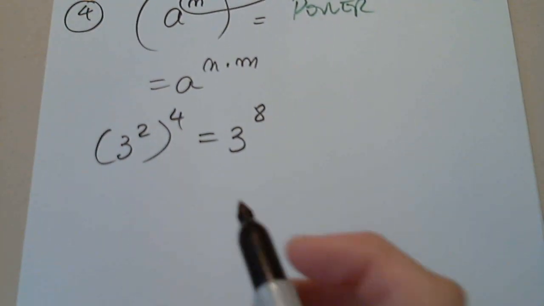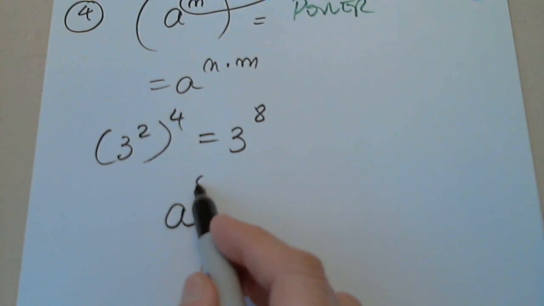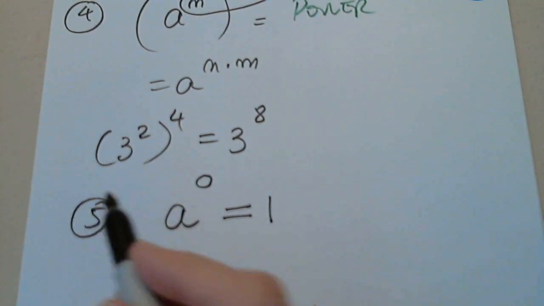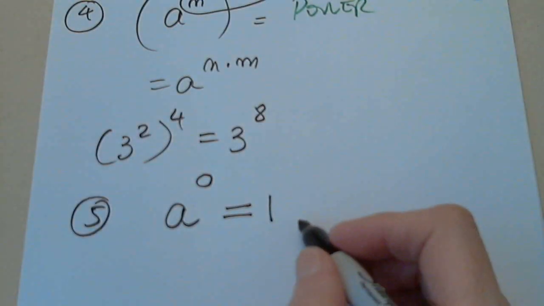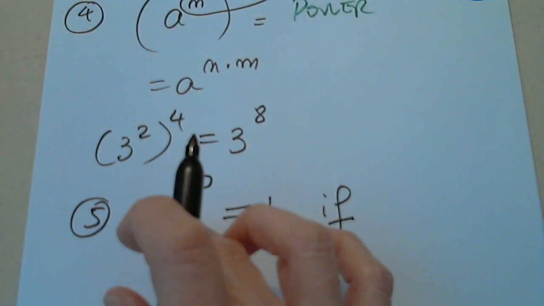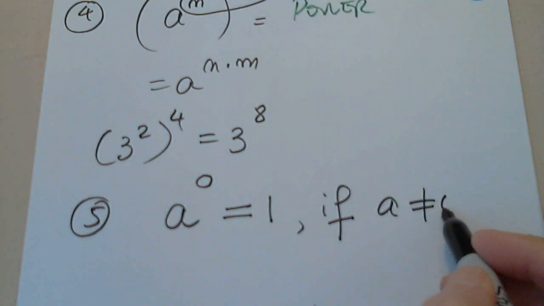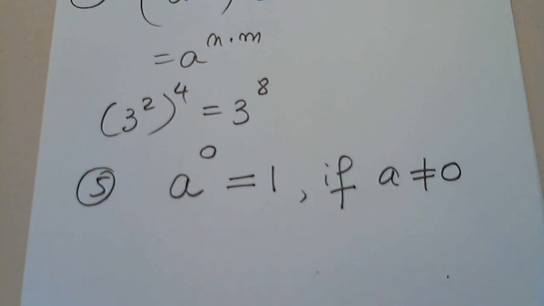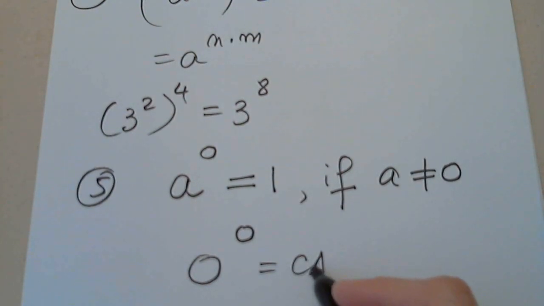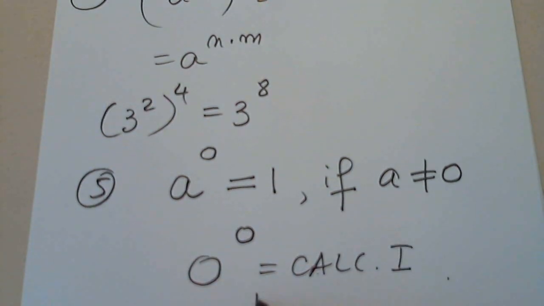Good. A raised to 0 is always 1. So let me make this the fifth rule. A raised to 0 is always 1. There is a catch: if and only if the base is not 0. So 0 raised to 0 is another indeterminate case. Calculus 1, indeterminate case.